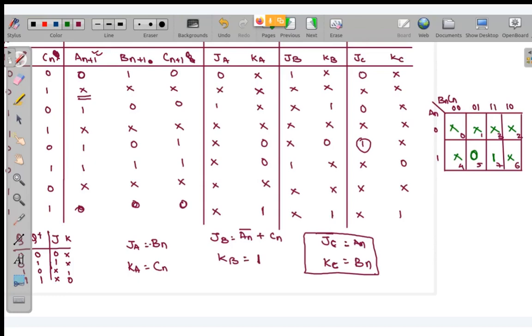Yes, this is the group we have. So we need to make a group. You can make a group of 4 like this. If you make a group of 4 like this, JC will be equal to BN.